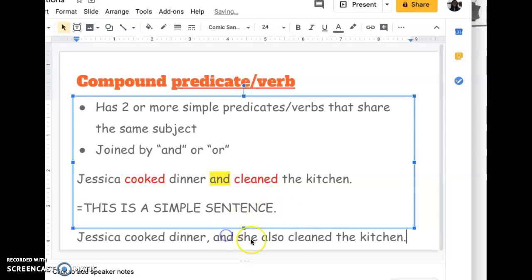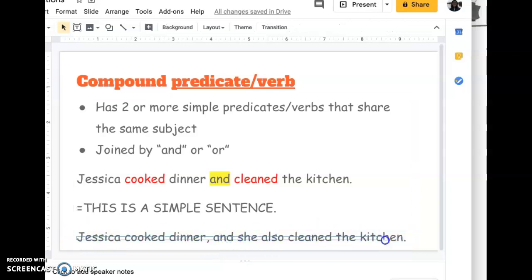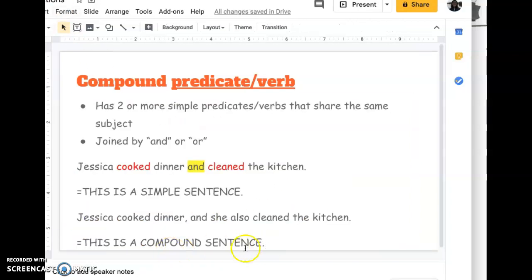Jessica cooked dinner and she also cleaned the kitchen, because then Jessica becomes the subject, verb is cooked. She is the subject here, verb again is cleaned. So these are two separate simple sentences combined. So this is a compound sentence because it's simple sentence plus simple sentence.